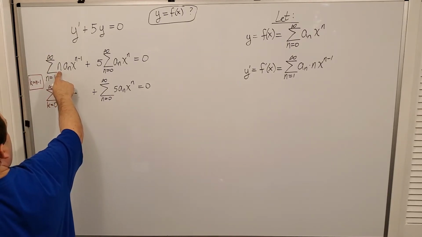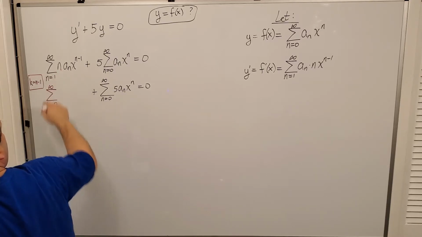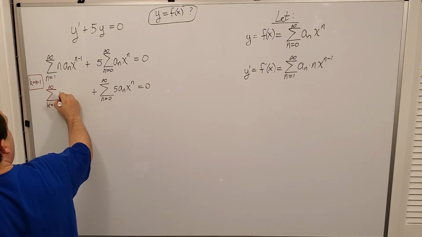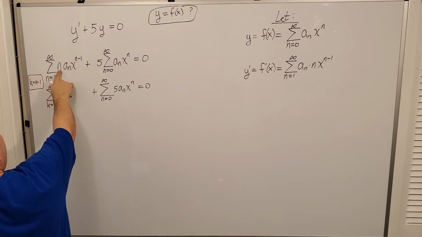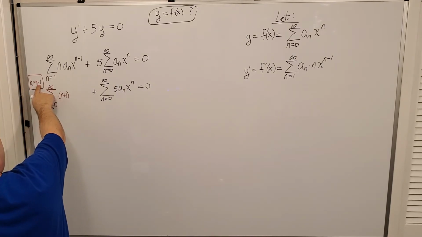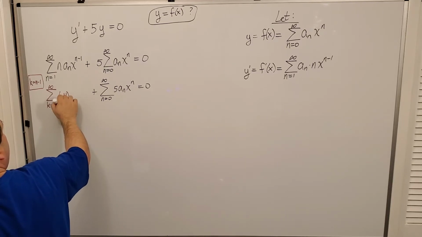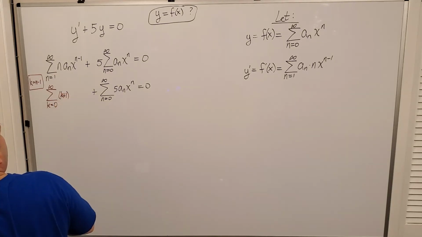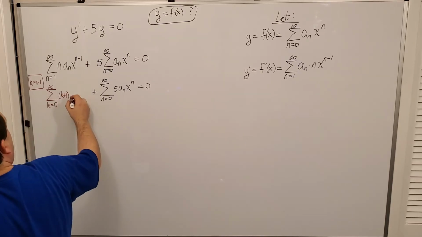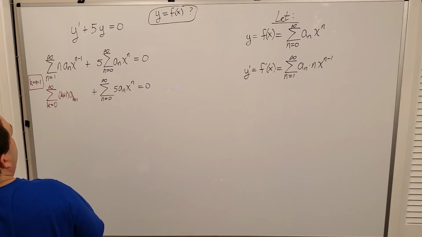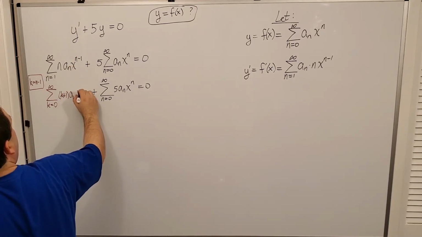But here, instead of n, I'm going to have n plus 1 because k is n minus 1. That means n is k plus 1. Also, this will be a sub k plus 1. And then this will be x to the k.